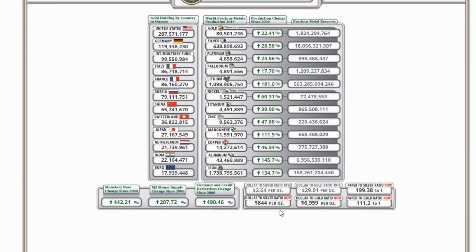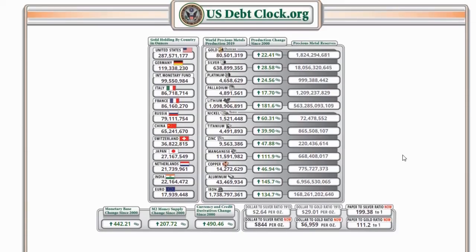In 1913, when the Federal Reserve was created, it was at $2.64 per ounce of the dollar to silver ratio, and the dollar to gold ratio was $29.01 per ounce, and that was more in line with where the actual precious metals were at the time. Since then, obviously increased greatly here. So very telling. A lot of interesting numbers here, especially when you take a look at the situation with the precious metals and with the dollar.